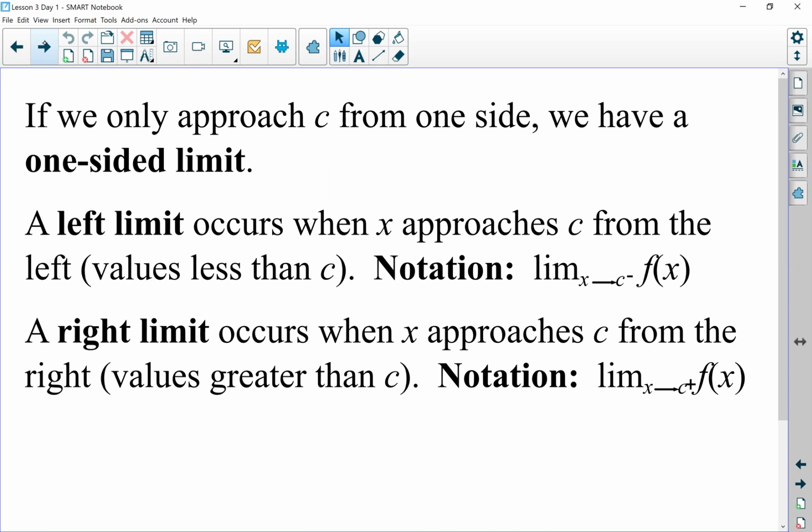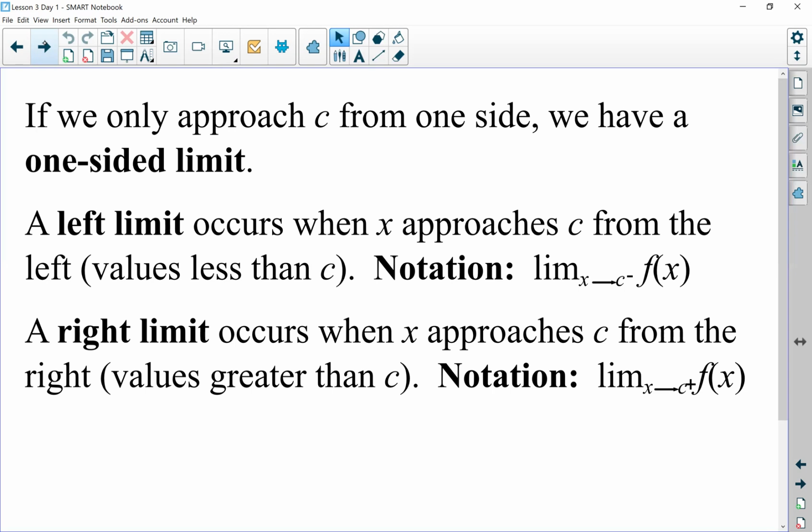This one-sided limit idea is important and useful for certain functions. Things like even roots, square roots, fourth roots, sixth roots, eighth roots, where it's only defined for certain values.